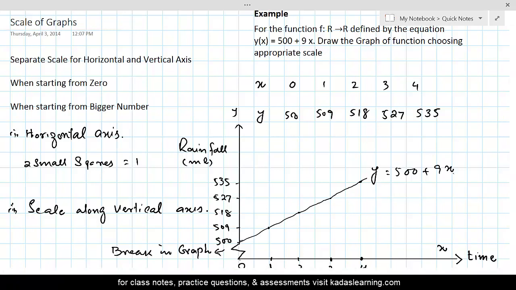It means along x-axis, whatever is representing 1 unit must be consistent throughout the values along x-axis, and whatever you have chosen for 1 unit along y-axis must be preserved along the whole range of values.